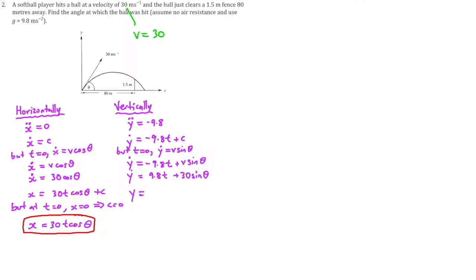And that'll end up being minus, nearly forgot the minus sign there, minus 4.9t squared, because 9.8 over 2 is 4.9, plus, we're integrating with respect to t, so 30t sine theta plus c.